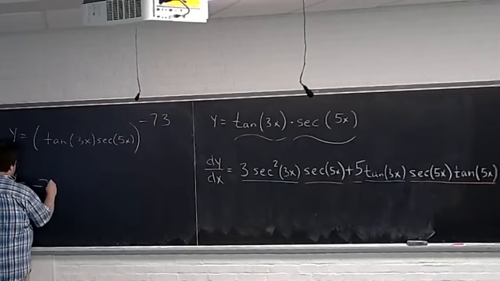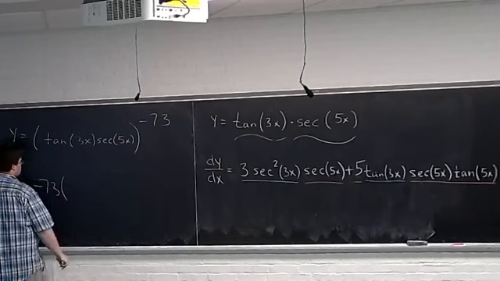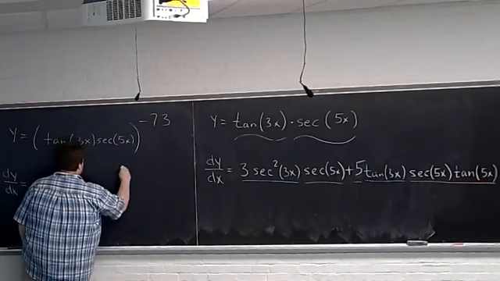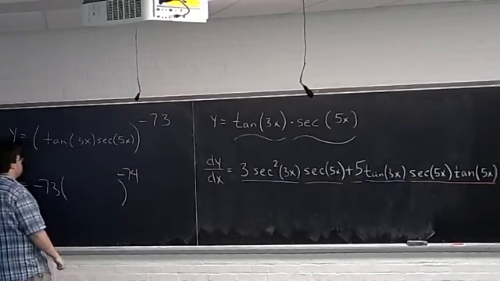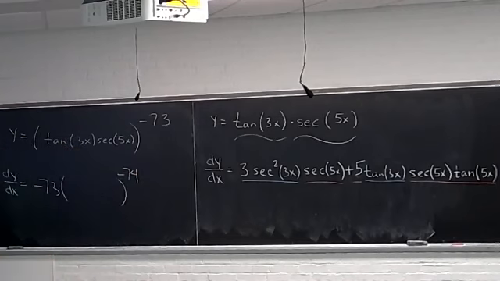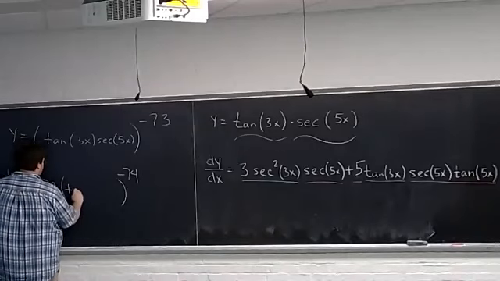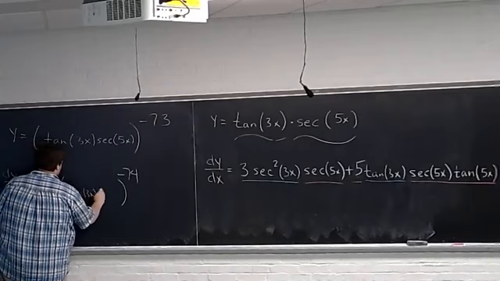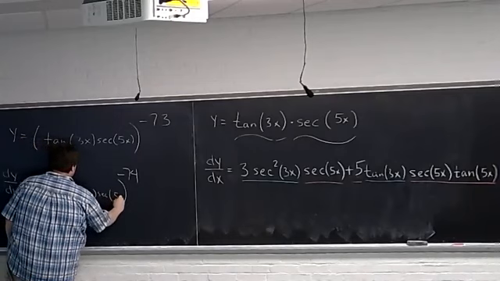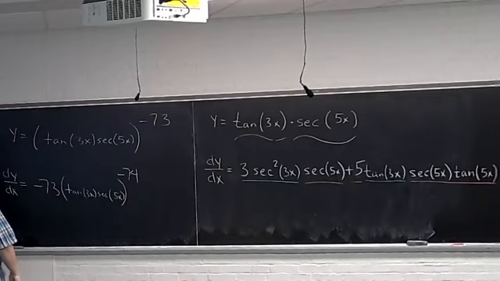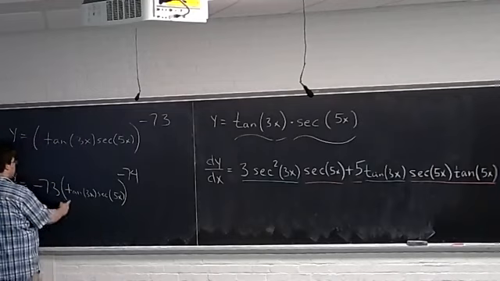So we have negative 73 raised to the negative 73 minus 1, which is negative 74. What do we raise? Well, we're raising this whole inside piece, this whole tangent of 3x times secant of 5x, to the negative 74, but the chain rule says we need to multiply by this derivative.